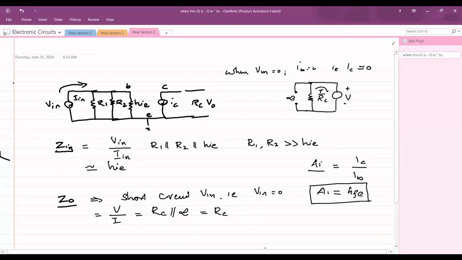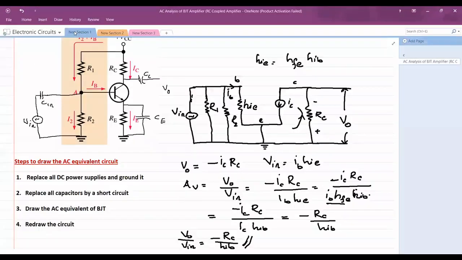The output impedance of the amplifier Z0 is equal to RC. The input impedance of the amplifier is HIE, and the voltage gain of the amplifier is minus RC divided by HIB.